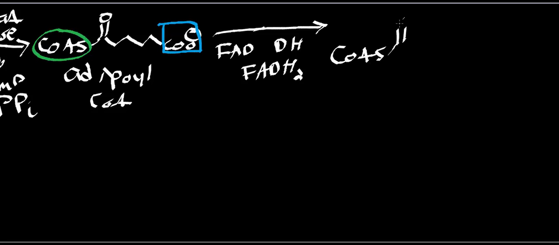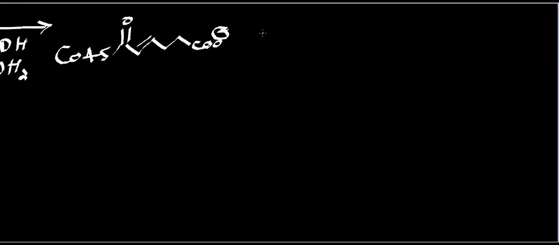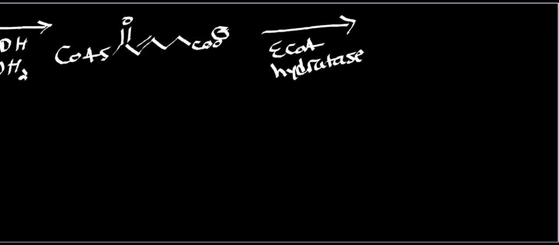So we're going to end up with an enoyl-CoA, 1, 2, 3, 4, 5, 6. And then that's going to be consumed by an enoyl-CoA hydratase.